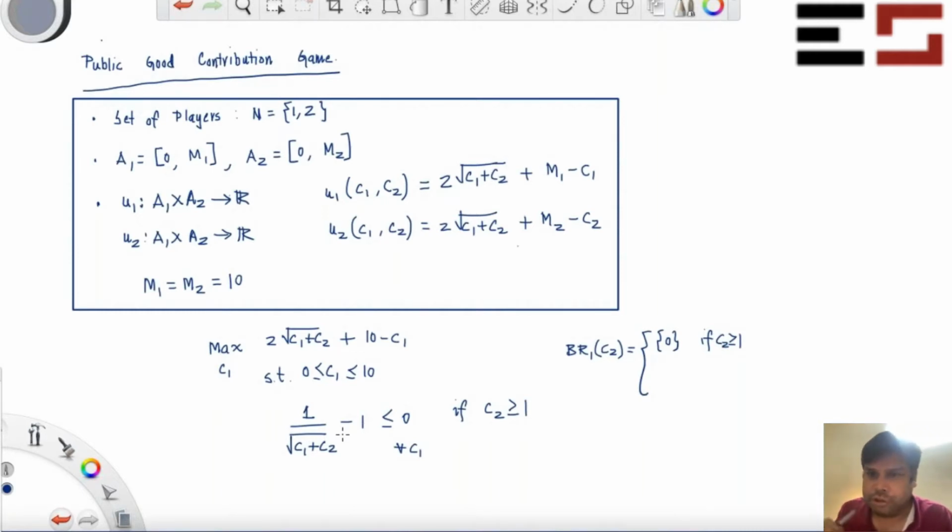Do you agree? So at C1 equal to 0, the marginal benefit of contribution is positive, which means you would want to contribute.